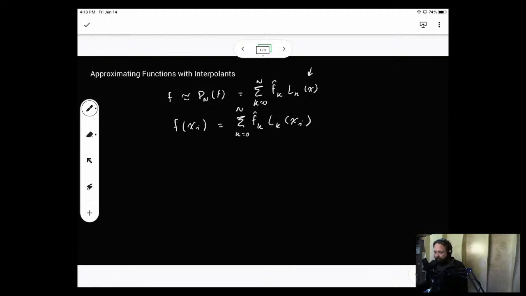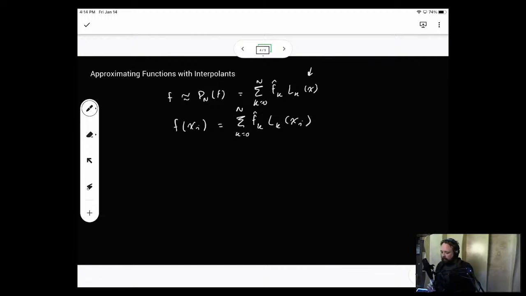But rather than breaking it down into a two-step process, where I plug this projection of the function into my PDE, solve for the modal coefficients, and then back out the solution on the grid, you can just use an interpolant directly.